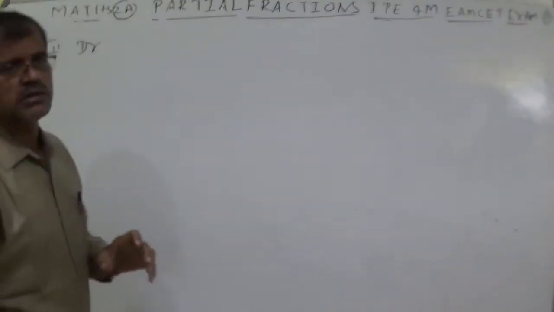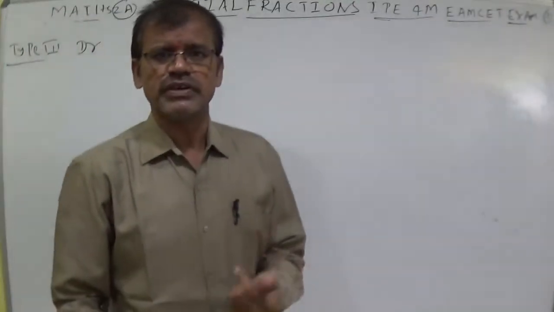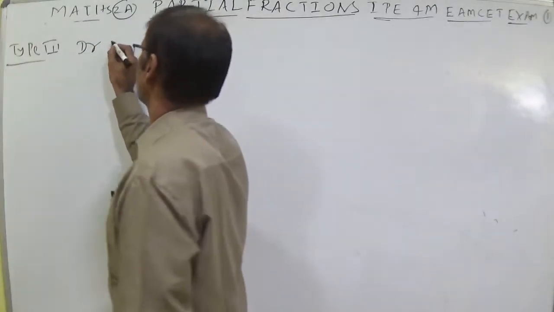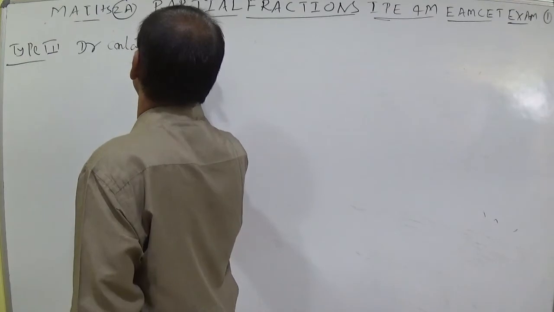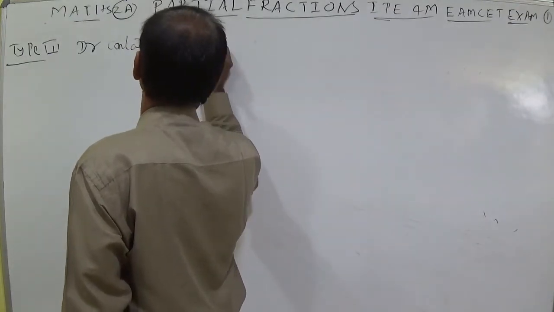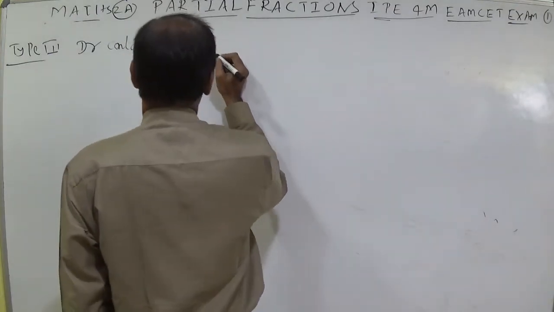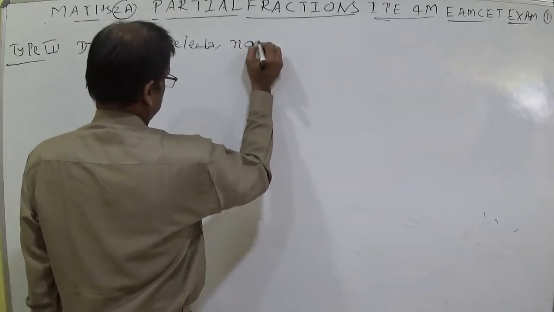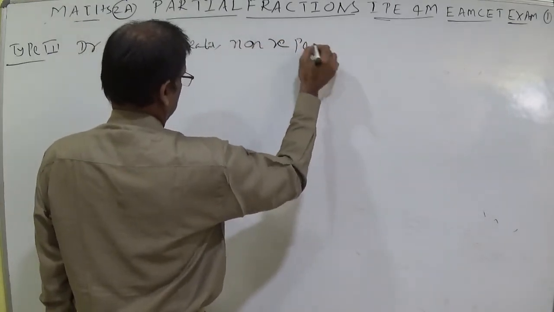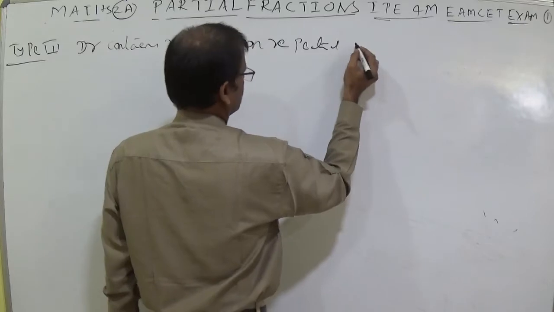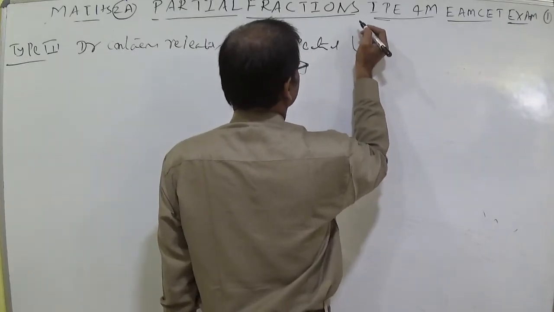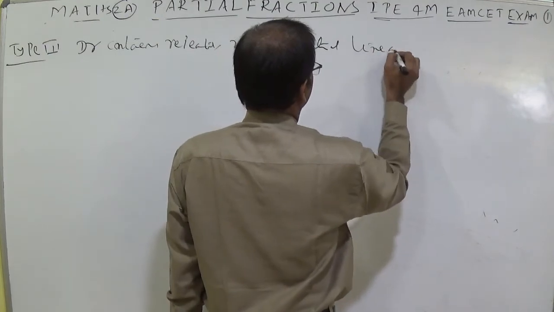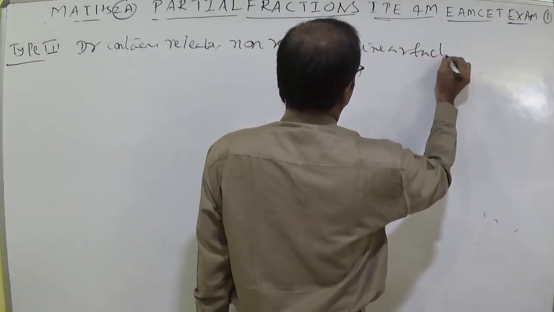Type 3. Denominator means if f of x by g of x is there, g of x contains repeated and non-repeated linear factors.